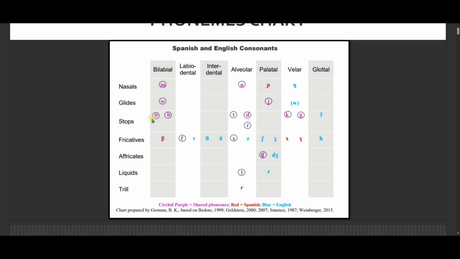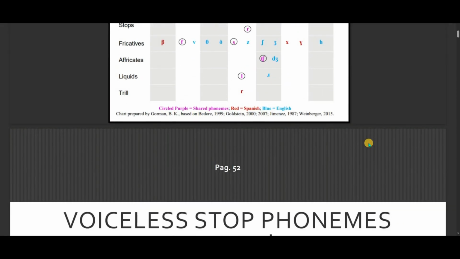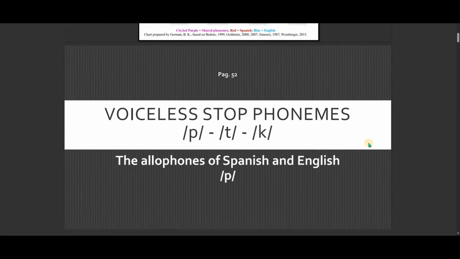If we look at the P or the B sound, these are stops bilabials. The T in tango is a stop alveolar. This one, for Spanish only, is a trill alveolar, and so on. You will be able to identify the features of each phoneme. Knowing that, let's move on to the next part.